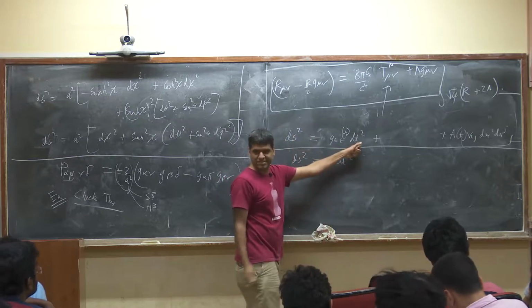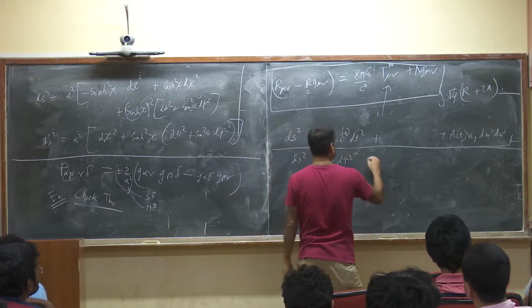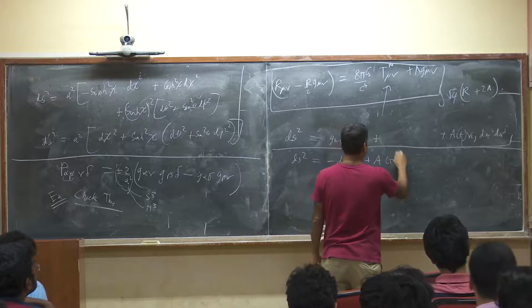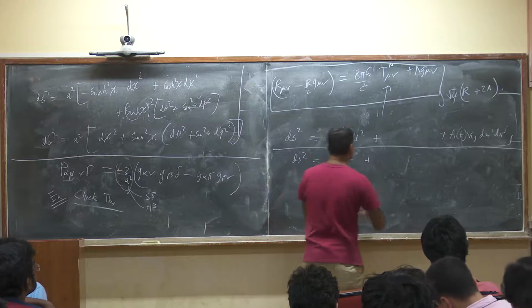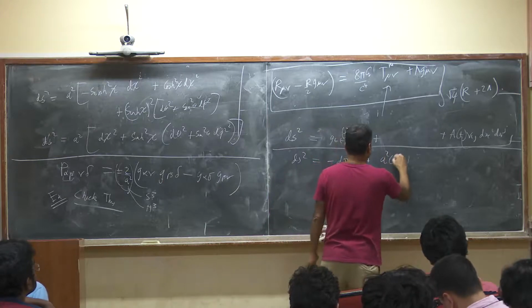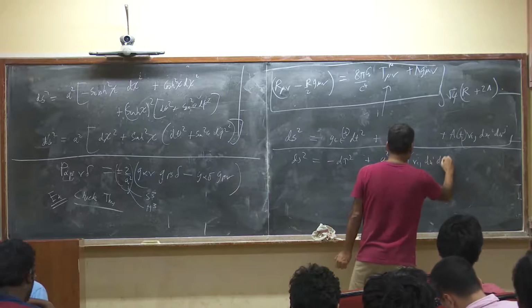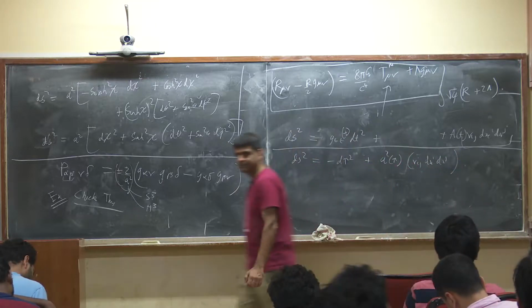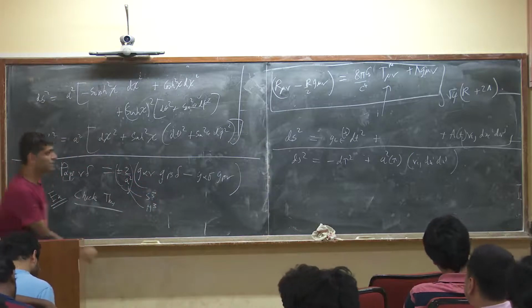Make a coordinate change, so this becomes minus d tau squared plus a of tau, I call it little a squared of tau, times gamma ij dxi dxj. This is one choice that's often convenient.